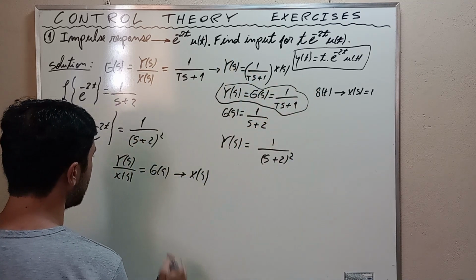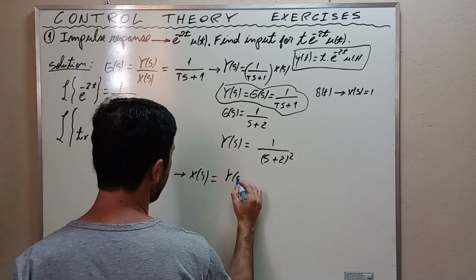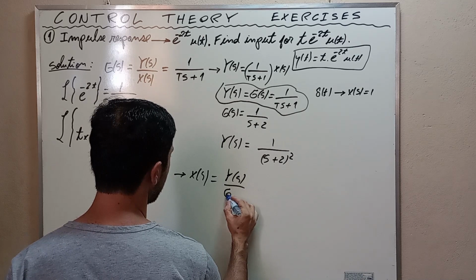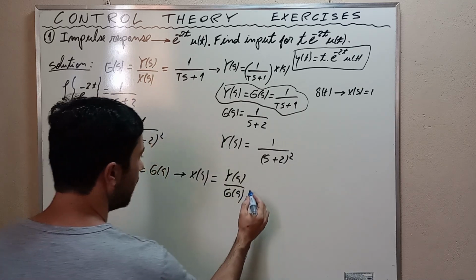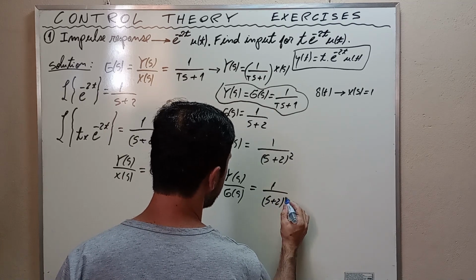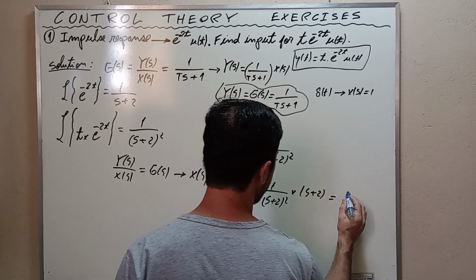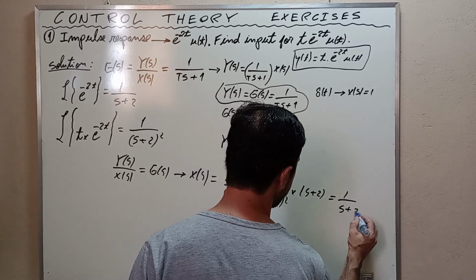We want X(s). X(s) is equal to Y(s) divided by G(s), and this is equal to 1 over (s+2)^2 times (s+2), which is equal to 1 over s+2.